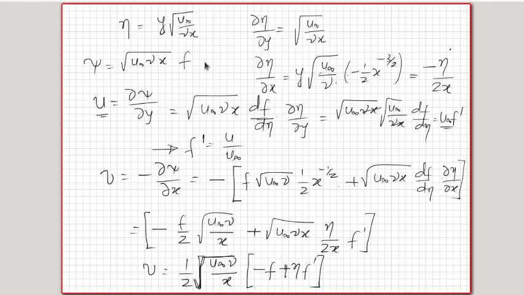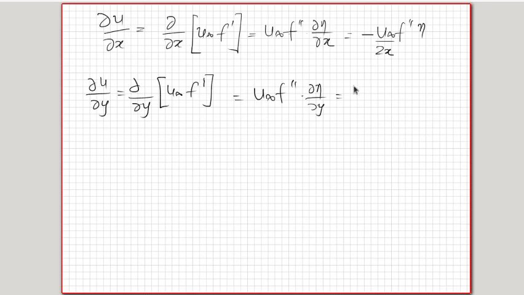Del eta by del y is square root of u infinity by nu x. So we'll just write that here. So u infinity into square root of u infinity by nu x multiplied by f double prime.